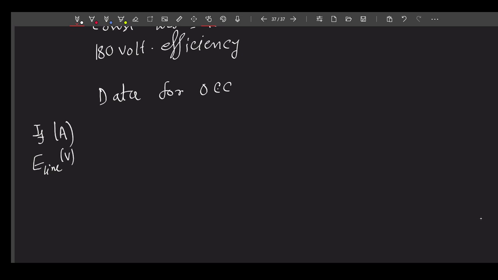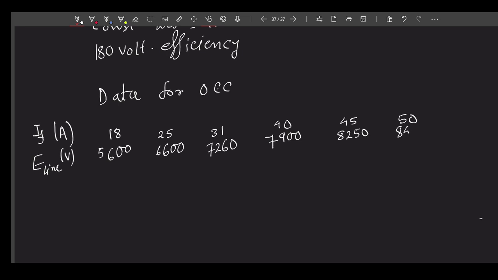This is in ampere, this is in volt. So this is all the data that are given.